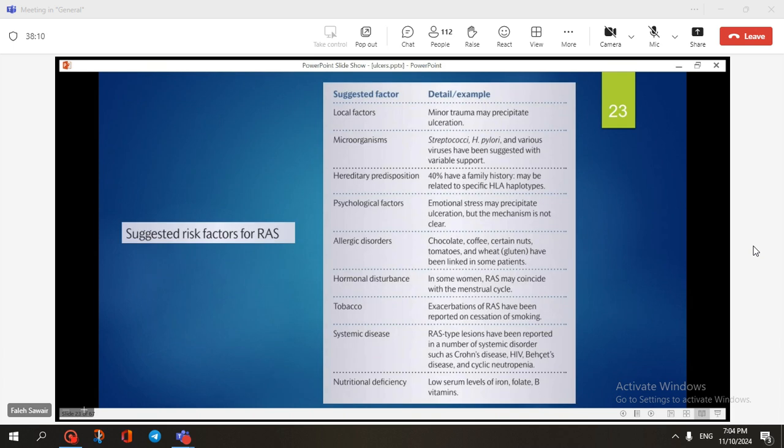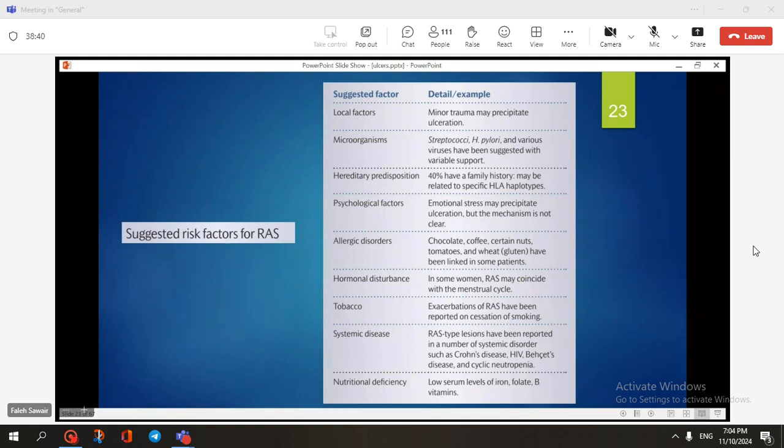The ulcers, if you remember, we said they are idiopathic, without known cause, but they incriminate all these factors. Many factors are incriminated as a cause of aphthous ulcers, but as the name implies, they are without definite cause yet.